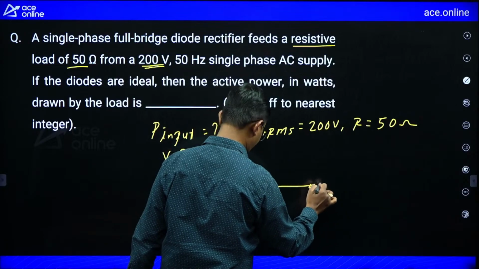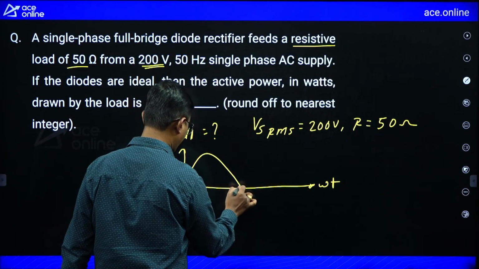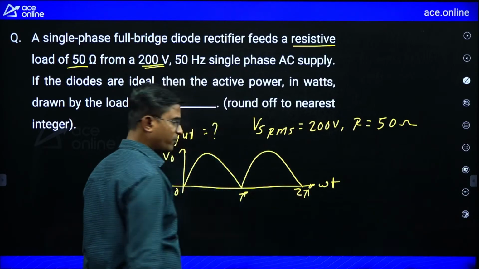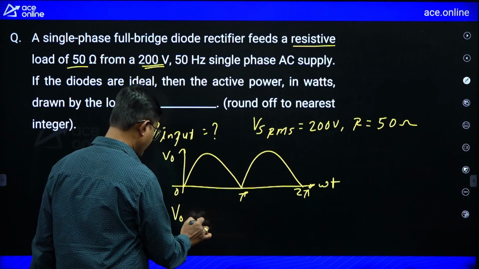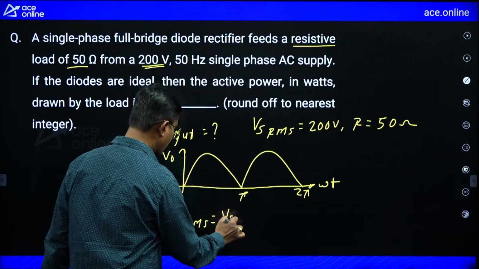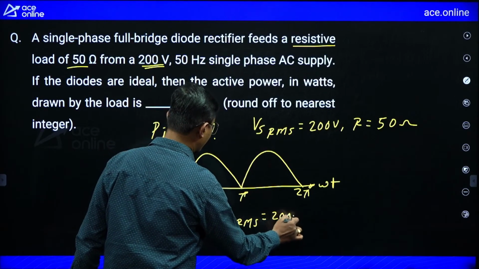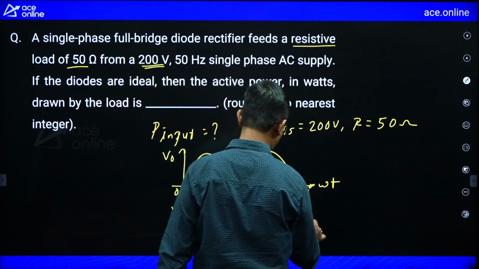The diode bridge rectifier output voltage waveform is this type, between pi and 2 pi. So what is V0 RMS? V0 RMS is simply equal to VS RMS, which is equal to 200 volt.